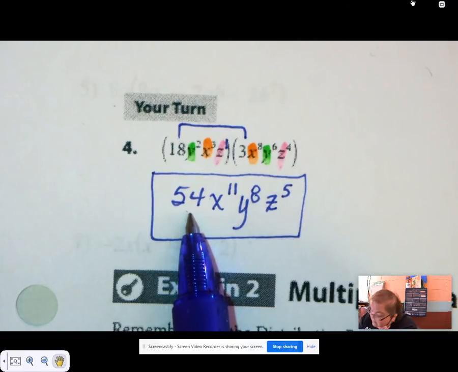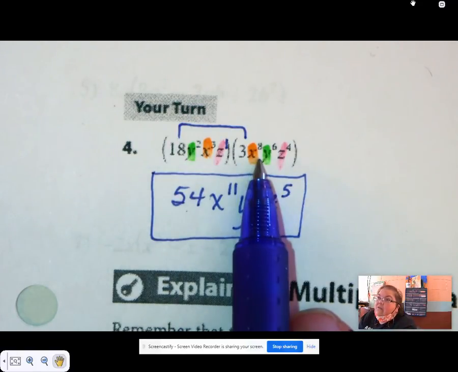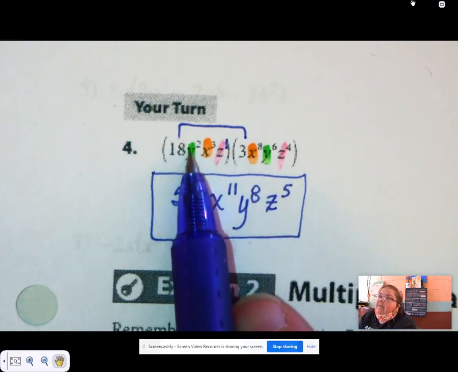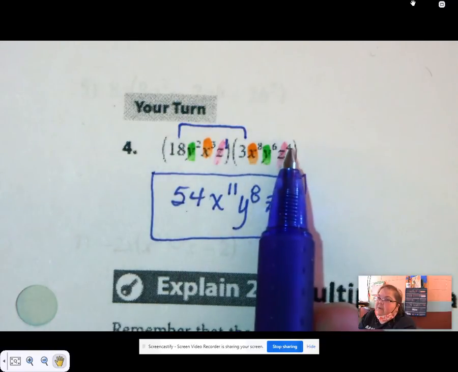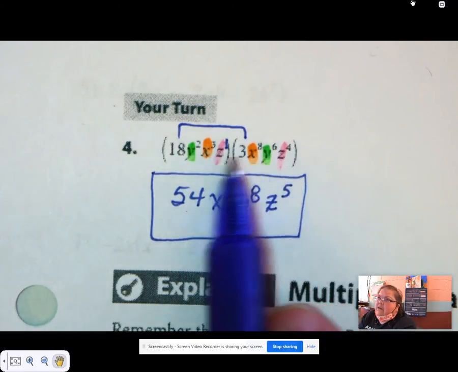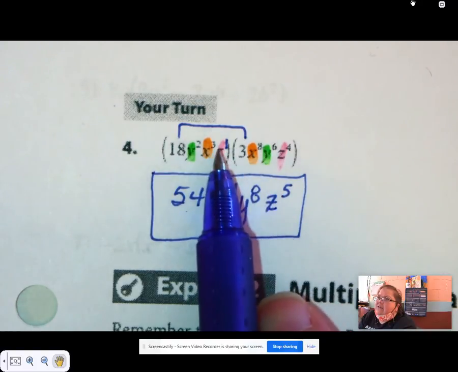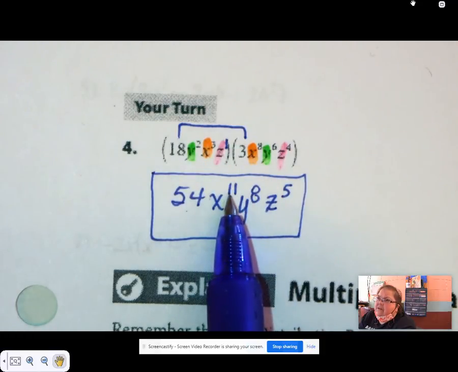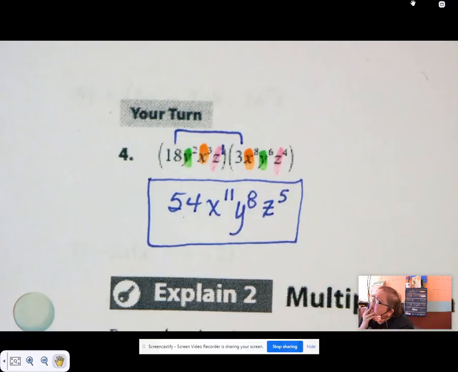But you're supposed to multiply the numbers first. When I multiply with variables with exponents, I add the exponents, right? So x to the third times x to the 8 is x to the 3 plus 8, which is 11.